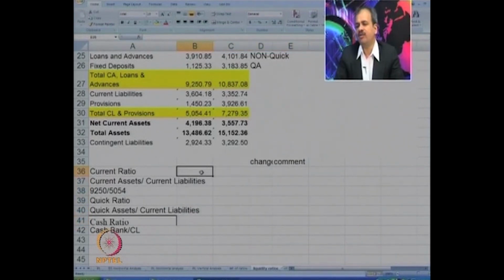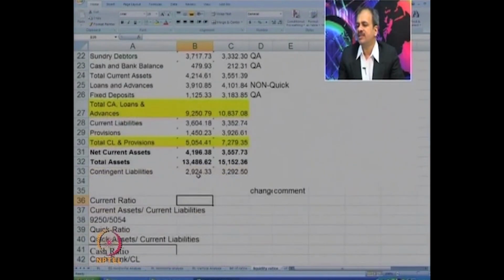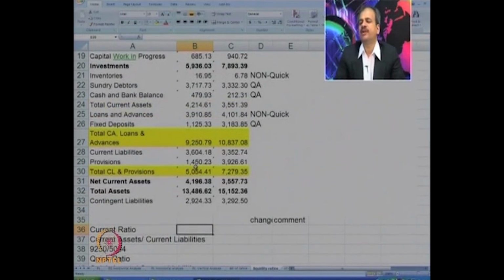So you have current ratio as the first important ratio about liquidity. The formula is also known to you. It is current assets upon current liabilities. Now go up. This is the balance sheet you have. Now which item would you like to link to which item?